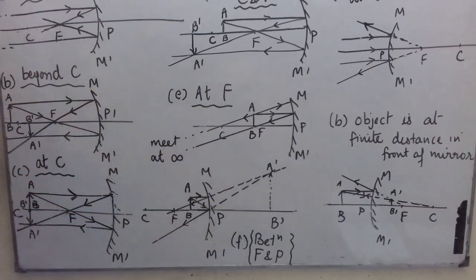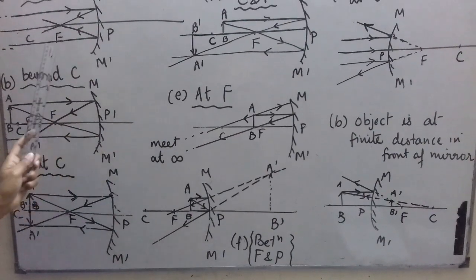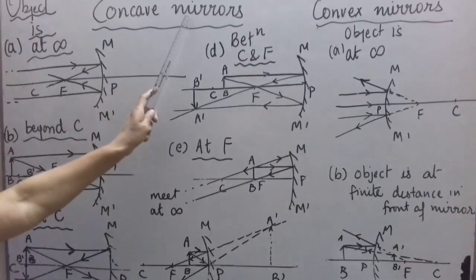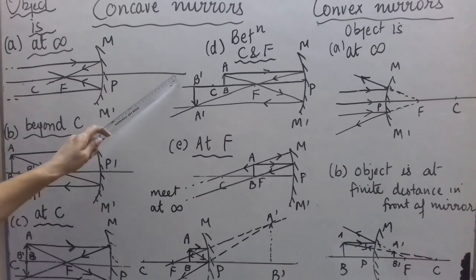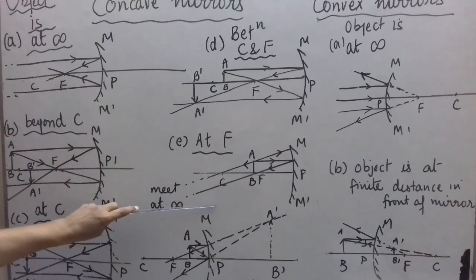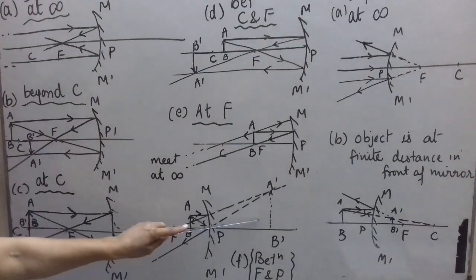So when we look at all these 6 ray diagrams, we can say using concave mirrors we can get real and inverted images, as in the first 5 cases, and virtual and erect also.